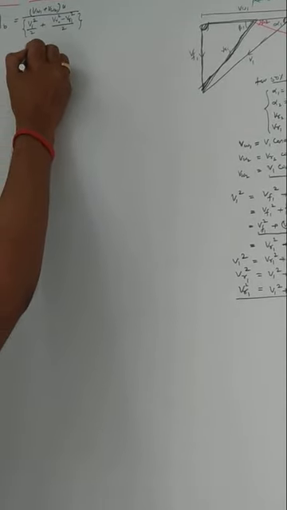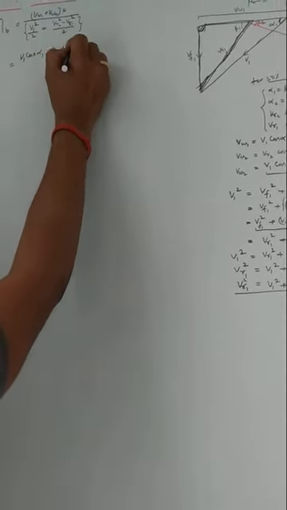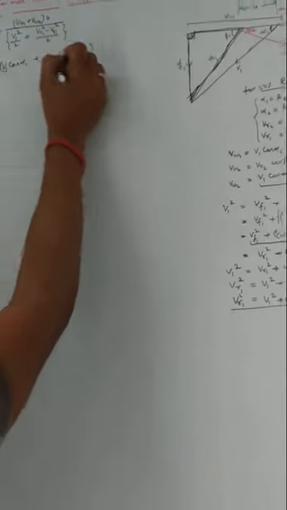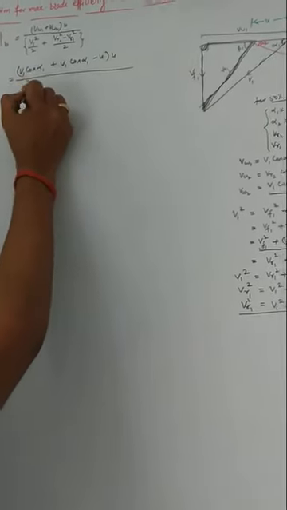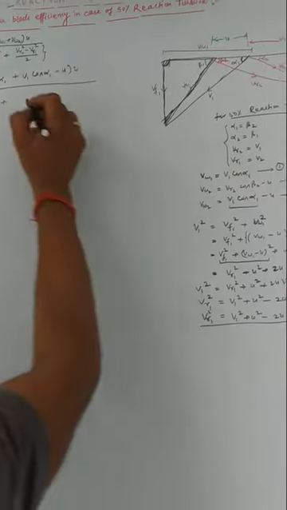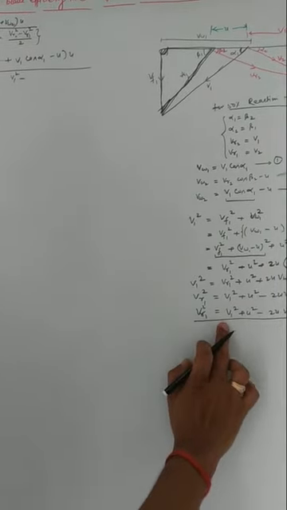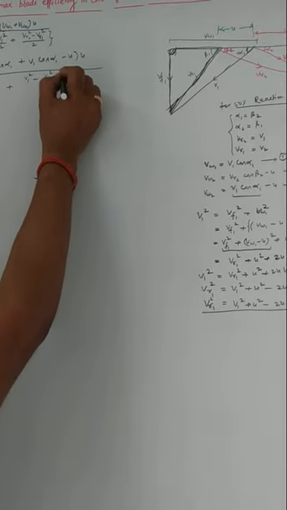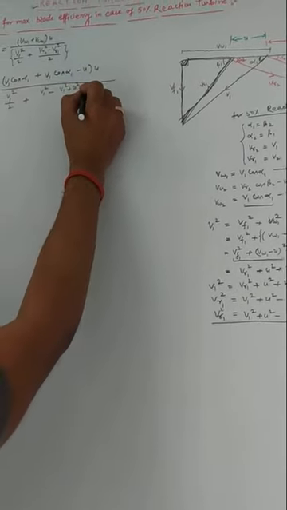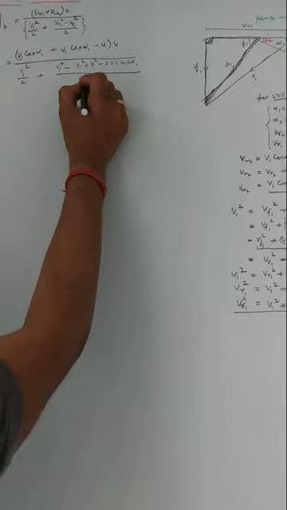You can write (V1 cos alpha 1 plus VW2, which is V1 cos alpha 1 minus U) multiplied by U, divided by V1 square by 2 plus (VR2 square, written as V1 square, minus VR1 square), where VR1 square you can write from here as V1 square plus U square minus 2U V1 cos alpha 1, divided by 2.